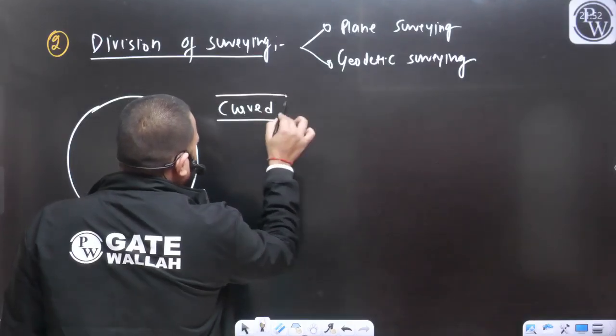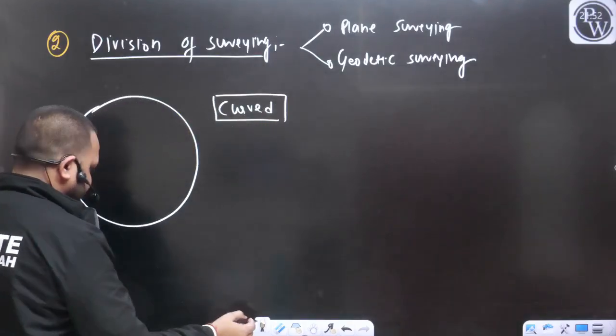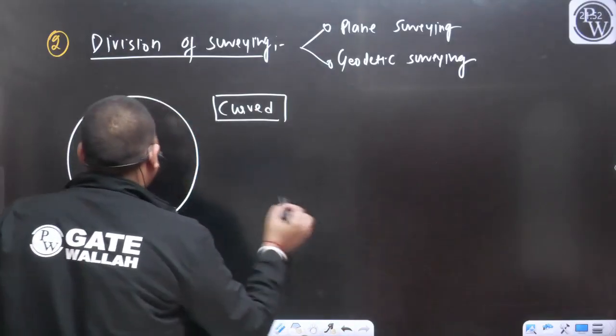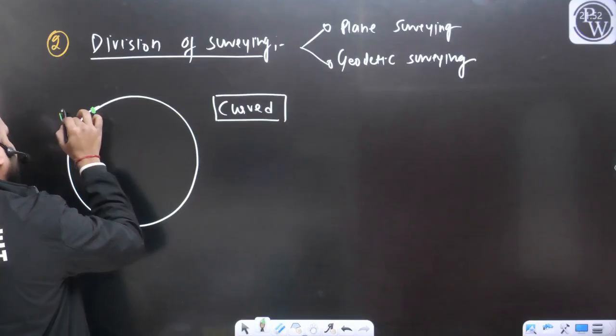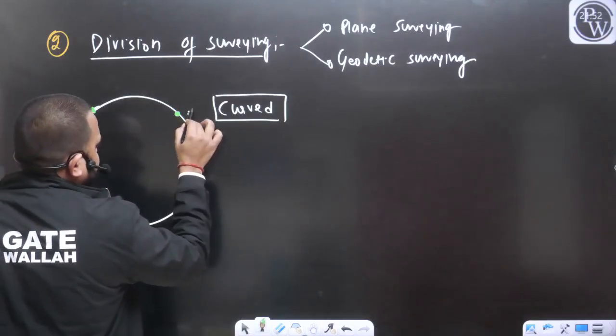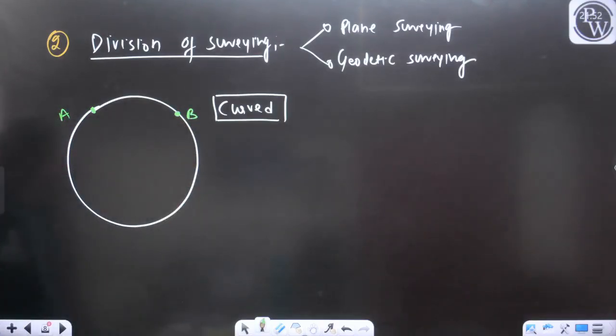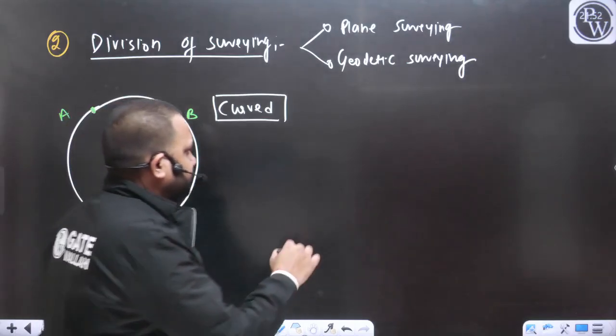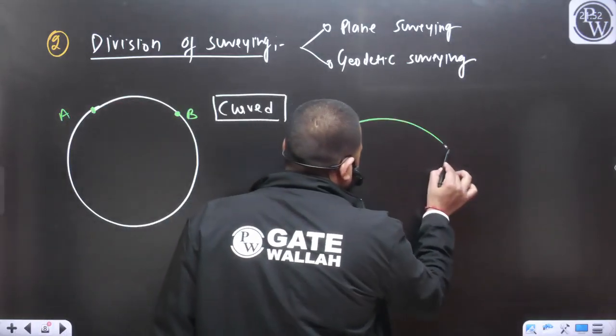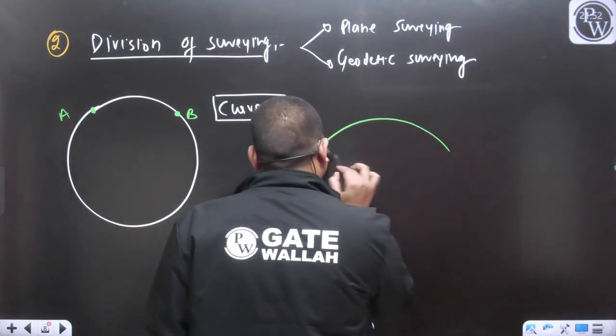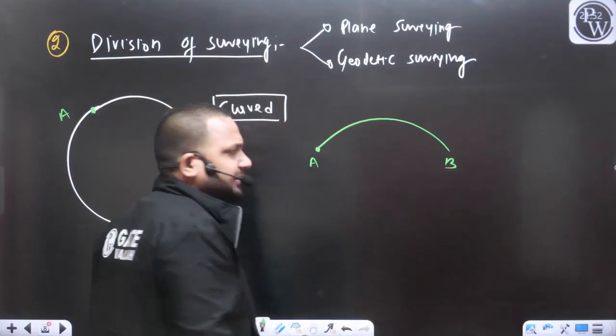So now let's consider two points A and B on the earth's surface. If I want to measure the distance between the points A and B, this should be the curved distance.